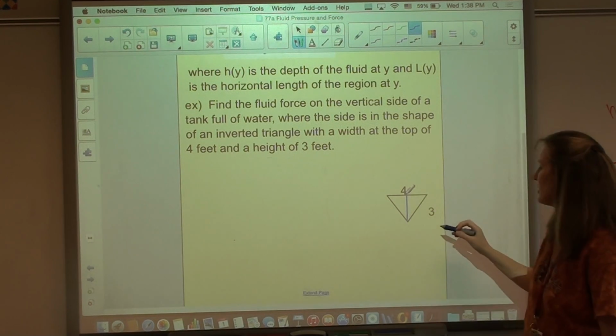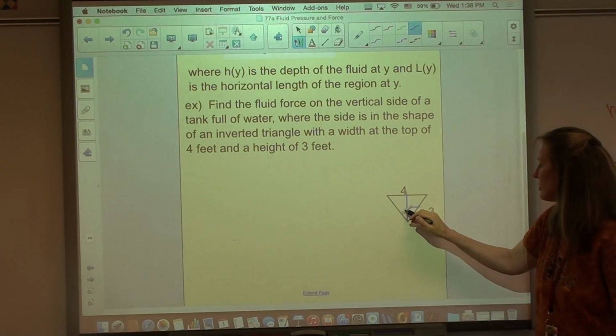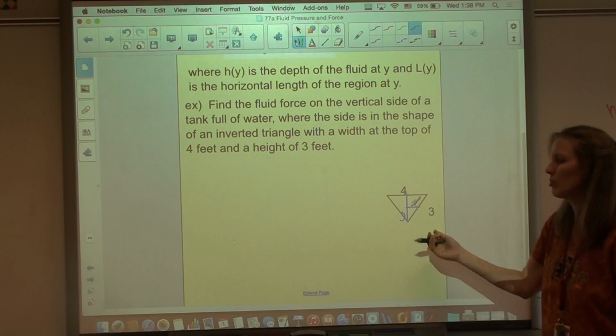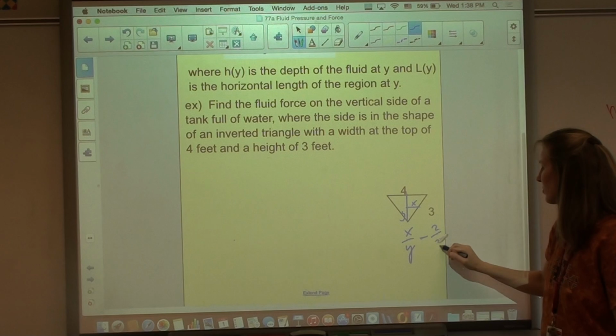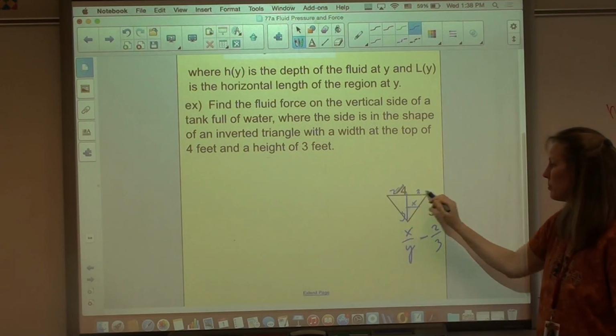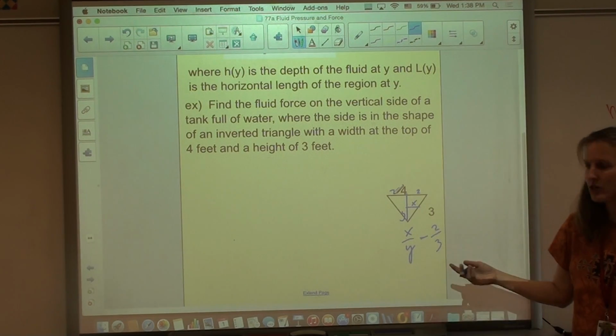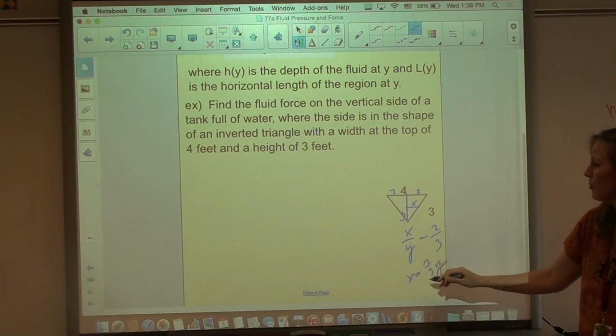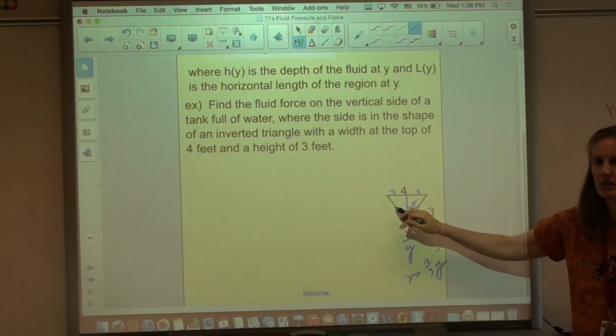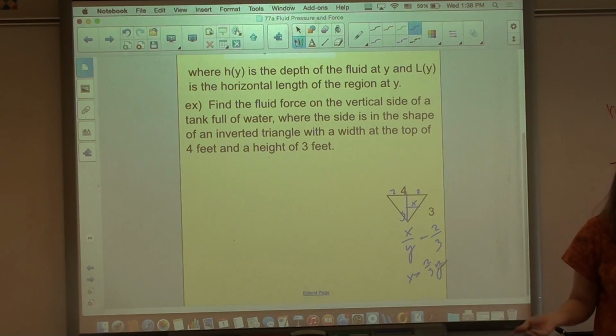I just think of them as kind of similar triangles. There's y, there's x, and I do a little proportion. I say, all right, x to y equals 2 to 3, right? Because those would each be 2. And then I just say, okay, so x is 2/3 y, and then my width would be 2 of those, going all the way across, so 4/3 y.